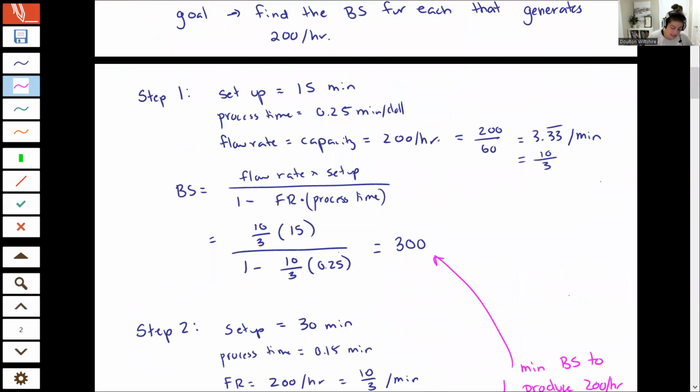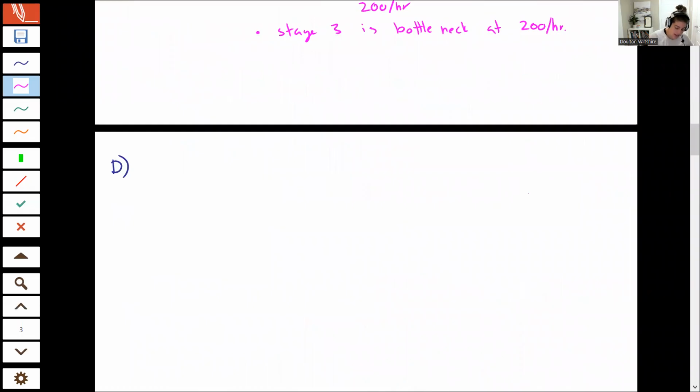But for part D, where it asks about the current flow rate for the whole problem, that is the minimum between our bottleneck, which is our process capacity, and demand.